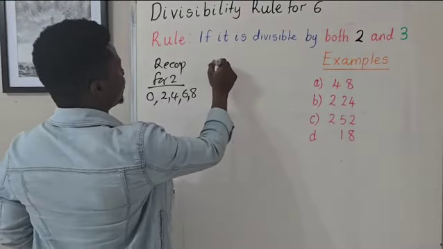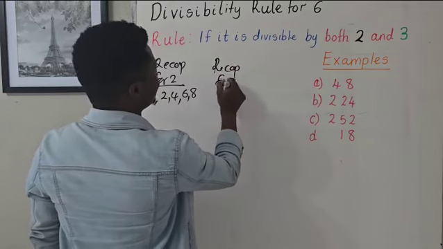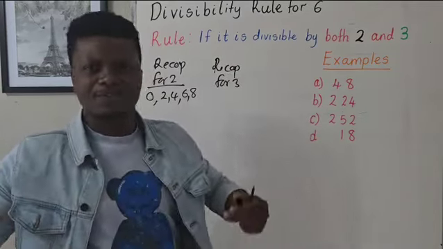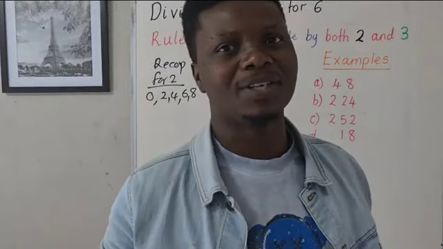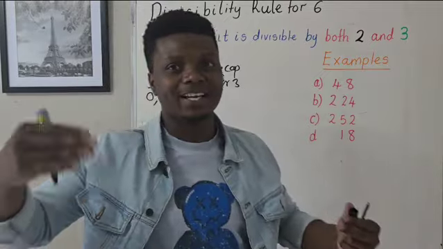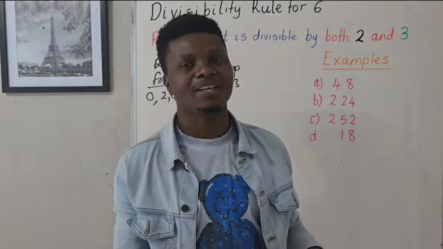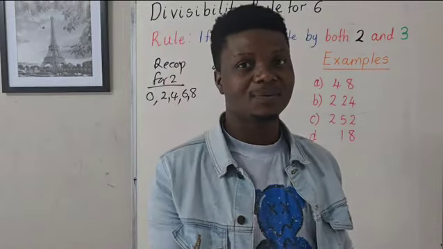Now a recap on the divisibility rule for 3. In the previous video, you can go and check that one out as well. For the divisibility rule for 3, you add the individual digits, and if they give you a multiple of 3, that means it is divisible by 3.